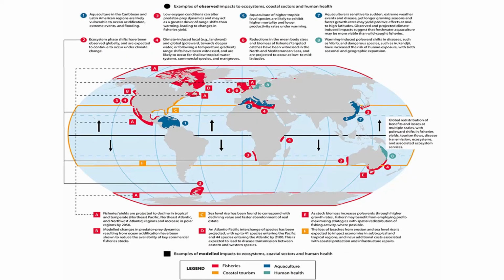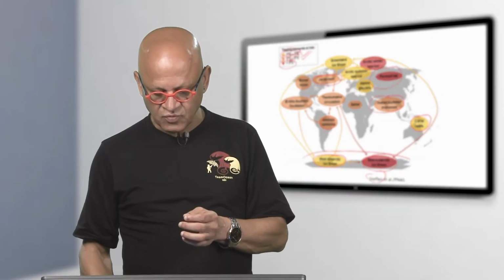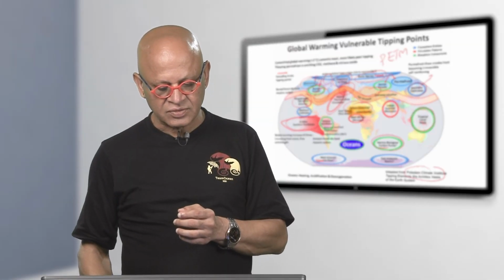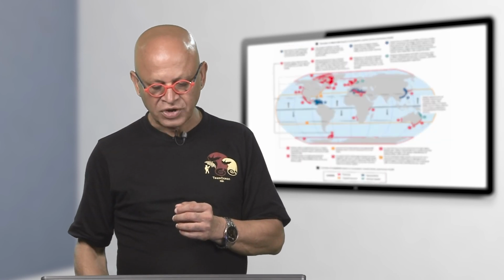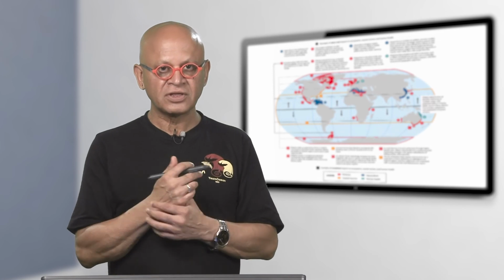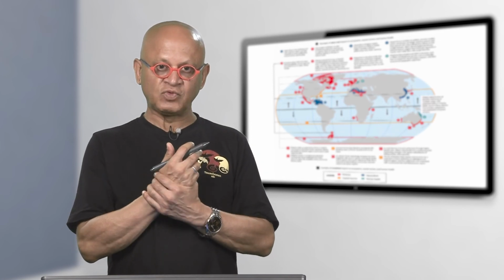So we will come to this more complicated figure in the next session, but these are basically examples of observed impacts to ecosystems, coastal sectors, and human health. So we will try to see how any of these systems are responding already in the observed data that we have.